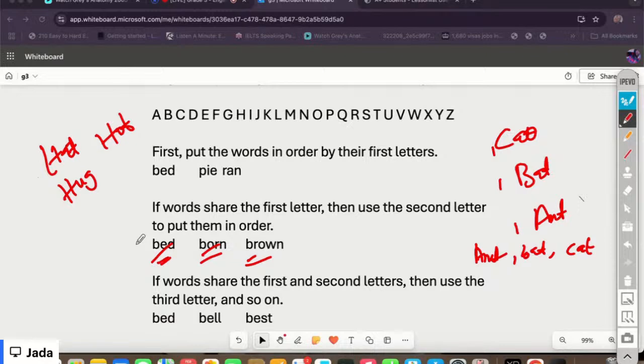So what's the right order for hat, hot, and hog? Write for me on the chat. So you write on the chat which one comes first, the second, or third.